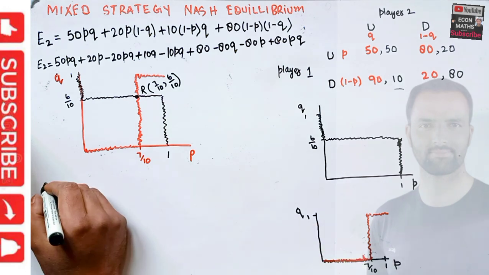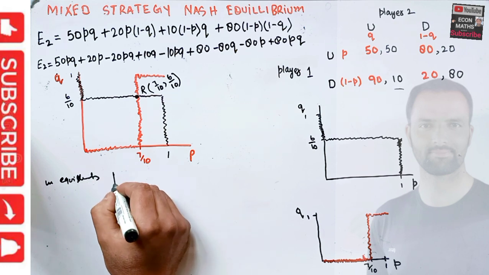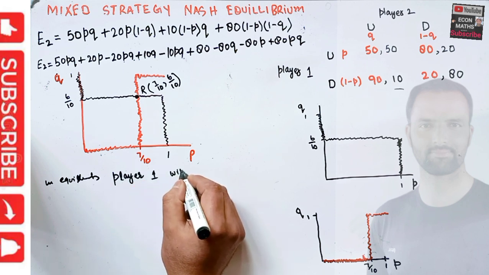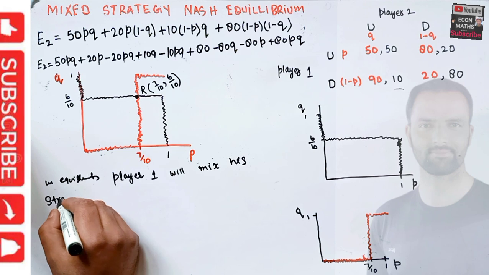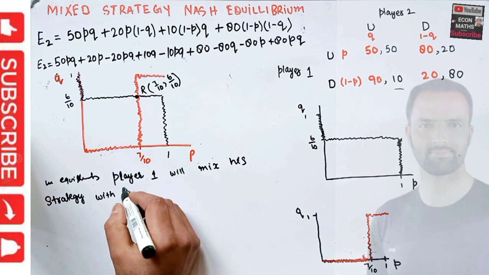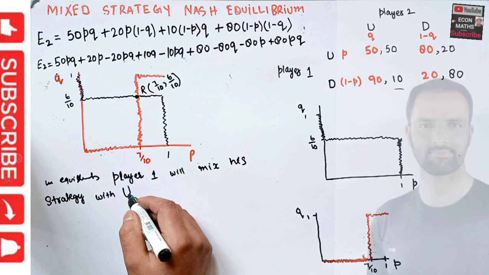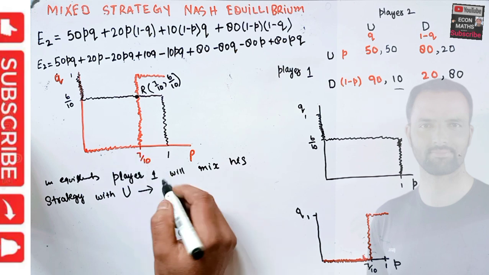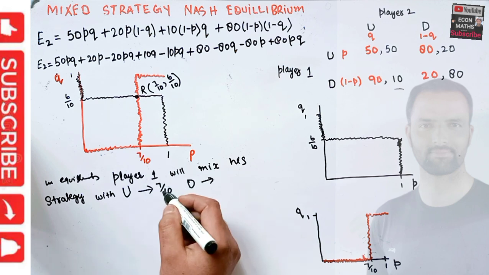So in equilibrium, what will happen? Player 1 will mix his strategy, playing up with probability 7 upon 10, and playing down with probability 1 minus p.